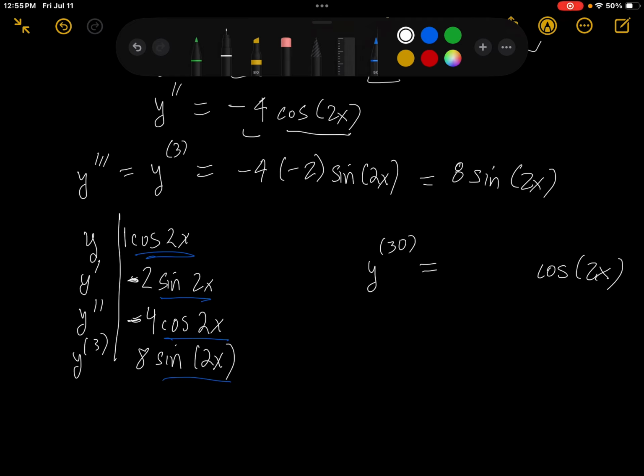Let's think about where the numbers are coming from. The 1 and the 2 and the 4 and the 8. Where are those numbers coming from? They're coming from the fact that every time we took the derivative, we used the chain rule, and then we had to multiply by 2.